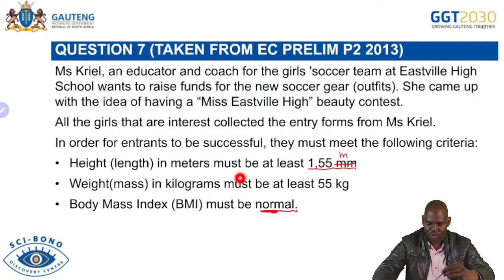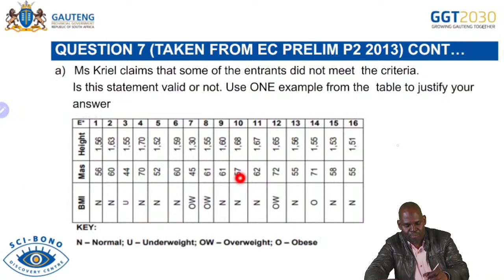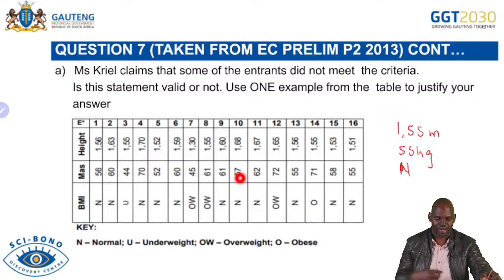If one of these is not met, then the entrant does not qualify. So we've got 1.5 meters, and then 55 kilograms, and it must be N, as indicated in the table.